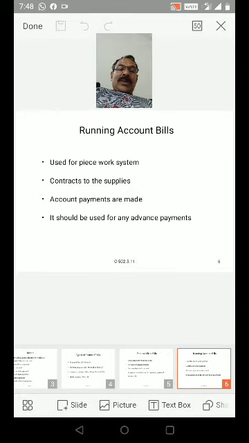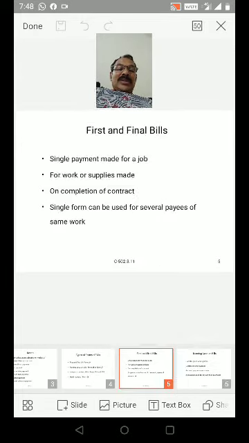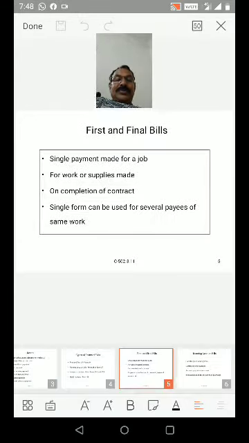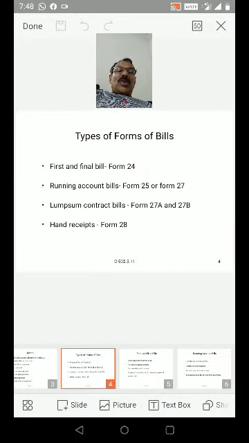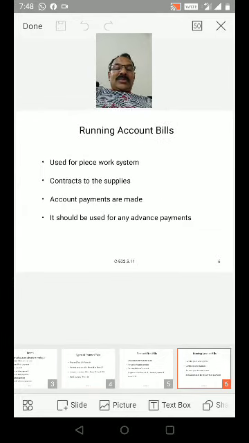This running account bill is form 25 or form 27, either form 25 or form 27. In the case of first and final bill, that is form 24. Running account bills form 25 or form 27 used for piecework system.